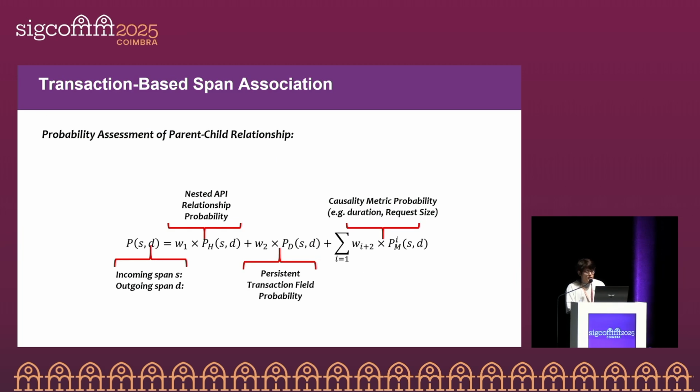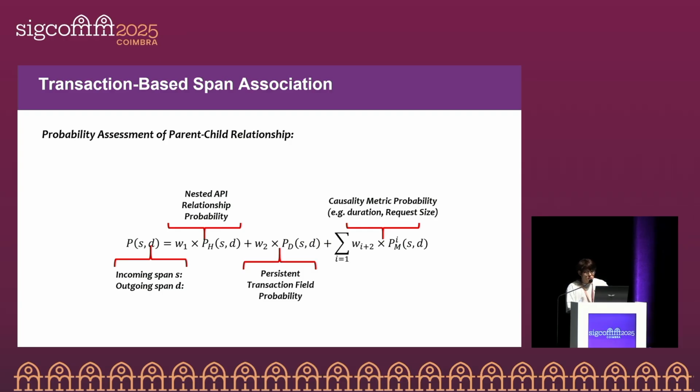Finally, for any given incoming span S and outgoing span D, the probability of a parent-child relationship between them can be expressed by the following formula. Here, PH and PD represent the probabilities derived from nested API relationships and persistent transaction fields, respectively.